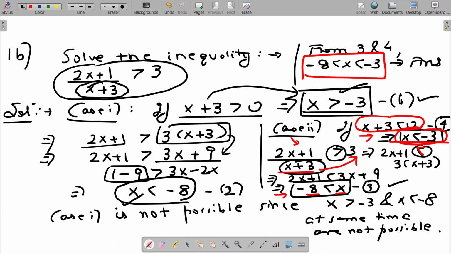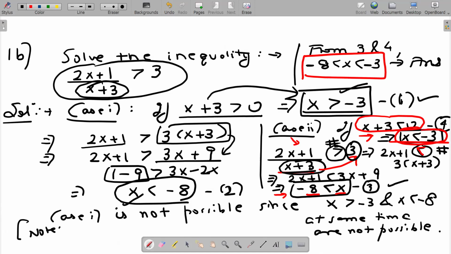So I hope all students have understood. Remember, the inequality gets reversed if I multiply by a negative number. The reason why this became this is because I multiplied 3 by a negative number, x plus 3.